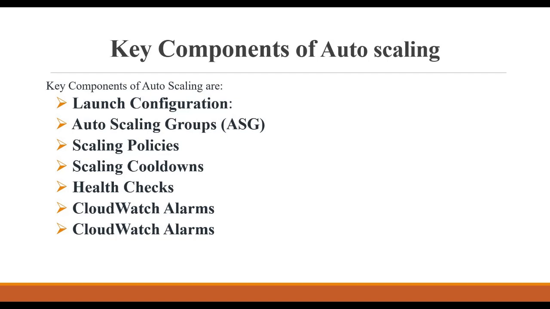The next is scaling policies. These rules determine when and how auto scaling should add or remove instances in auto scaling groups based on certain metrics like CPU usage, network traffic, or custom metrics from CloudWatch. The next is scaling cooldowns.